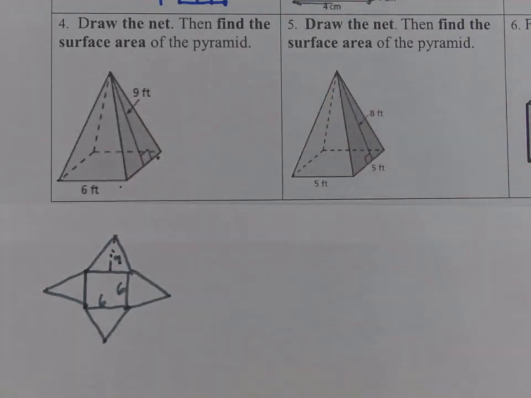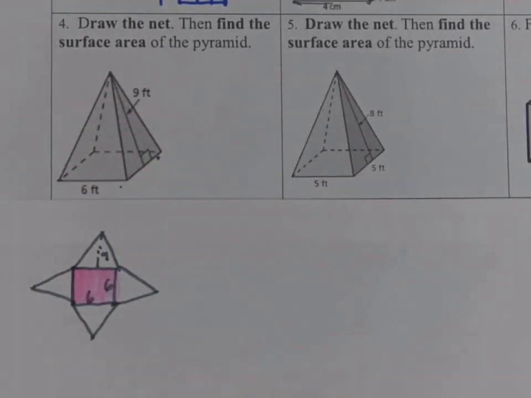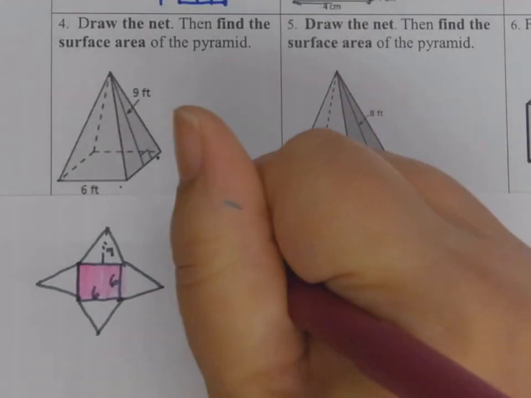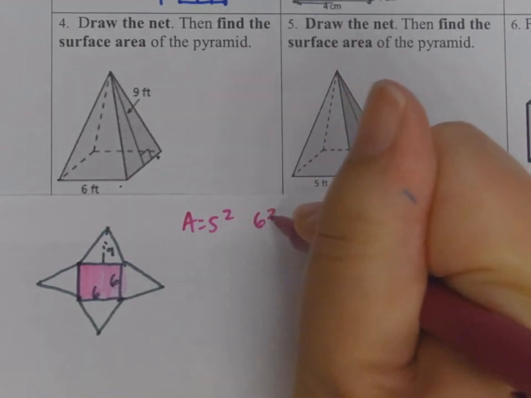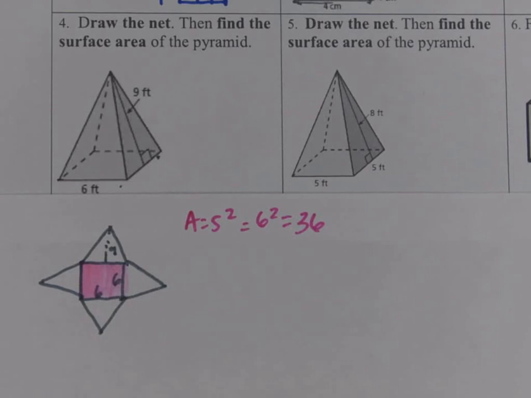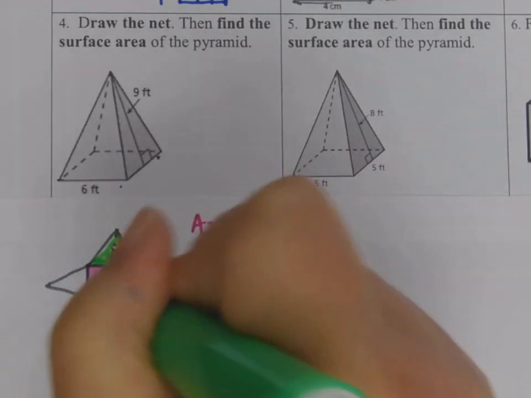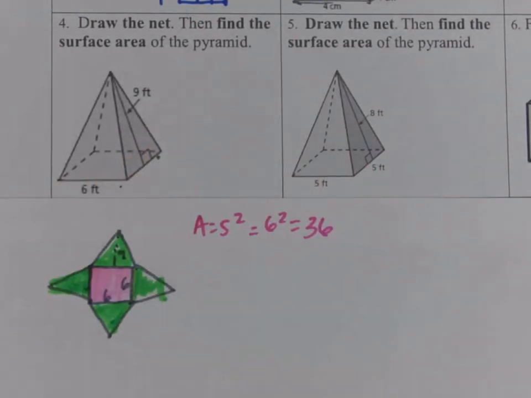Okay, so let's find the area of the base first. The base is a square, so you're going to do side squared or length times width, it doesn't matter. So 6 times 6, which equals 36. Okay, now we're going to do each of our lateral faces, which are all triangles and they're all the same. Now let's go back to when we learned area.